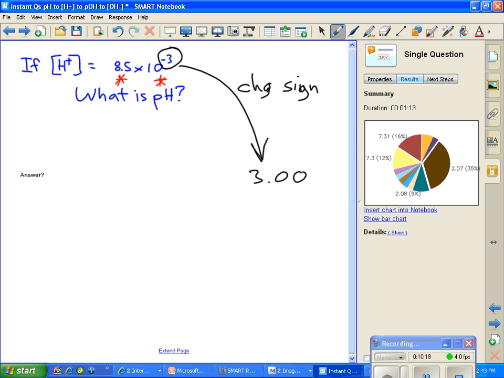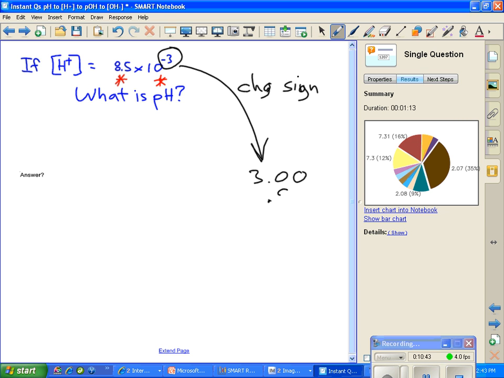Now, this guy we're going to get from our log chart. Okay, so we're going to look for 8.5. Of course, that's not on the chart. It's nicely spaced directly between 8 and 9. So, what would we say? A 9.2 or a 9.3? 9.3 is good.